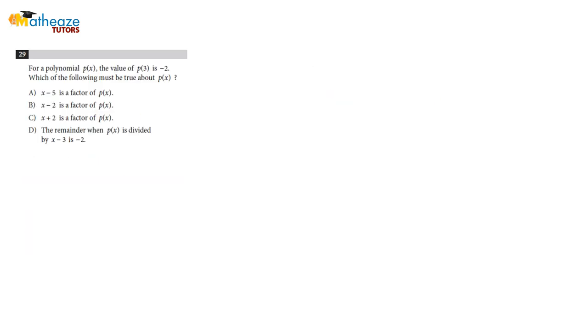Number 29, for a polynomial p of x, the value of p of 3 is equal to -2. Which of the following must be true of p of x? So if p of 3 equals -2, what this means is that p of x divided by x minus 3 is going to give us q of x with a remainder of -2 over x minus 3.